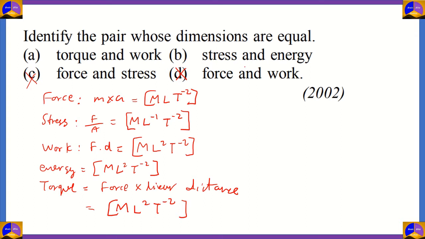If you look at stress and energy, stress is ML raised to minus 1 T raised to minus 2, while energy is ML squared T raised to minus 2, so option B is incorrect. The right answer is option A, torque and work. So you can see work is ML squared T power minus 2, torque is also ML squared T power minus 2, so both their dimensions are the same. So option A is the correct option for this question asked in 2002.